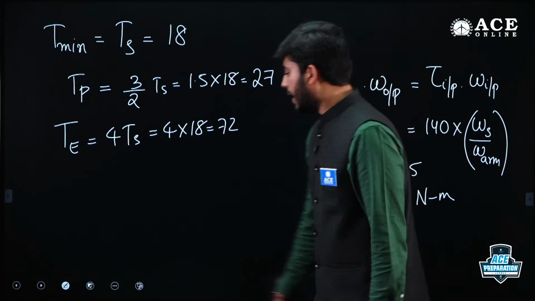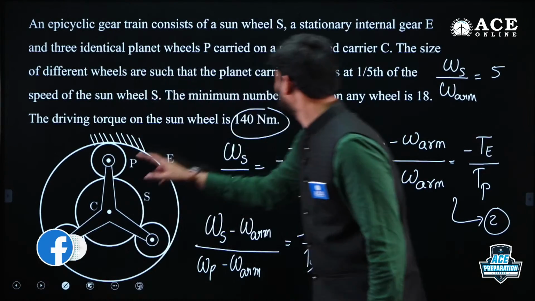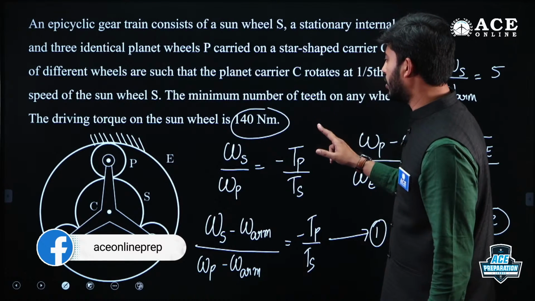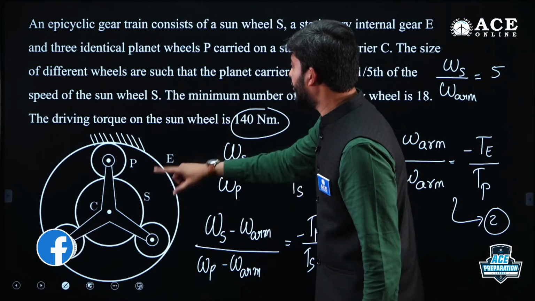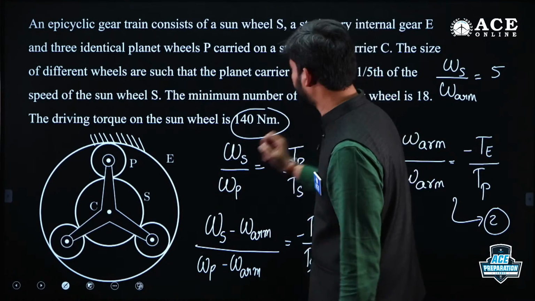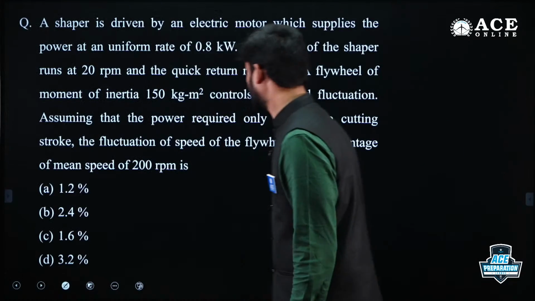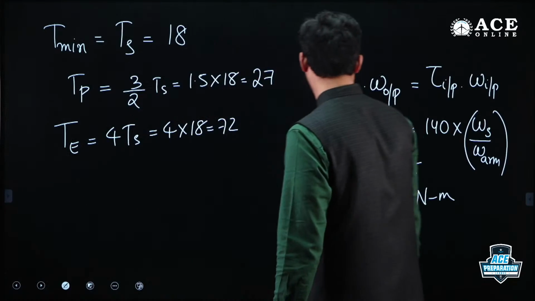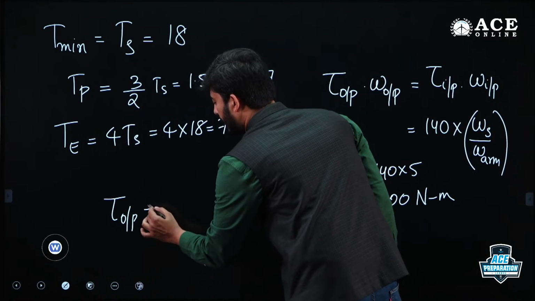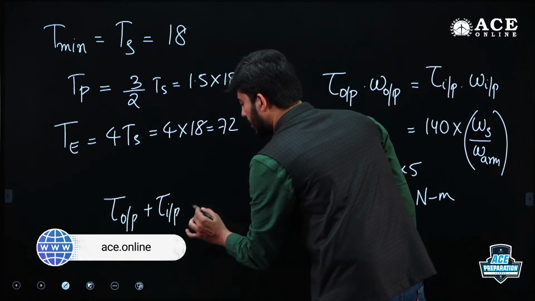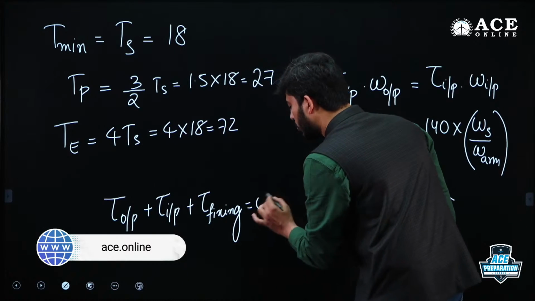And what is it that we are required to find out here? Minimum number of teeth and the driving torque, and here we will be finding the fixing torque. That is, T output plus T input plus T fixing is equal to 0.